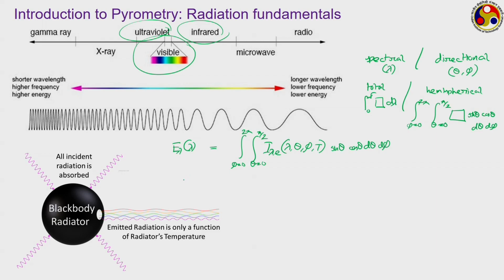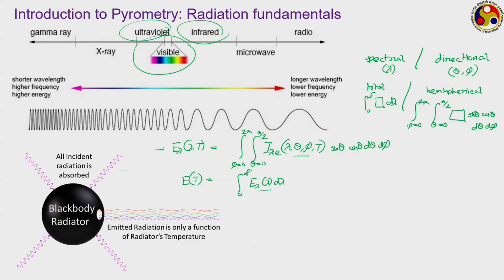And now once we integrate this over all possible wavelengths, then what we get is the total emissive power. Actually it should be a function of temperature, and this is also a function of temperature, because theta phi dependence goes off once we do the first integration and lambda dependence goes off once we do this second integration.